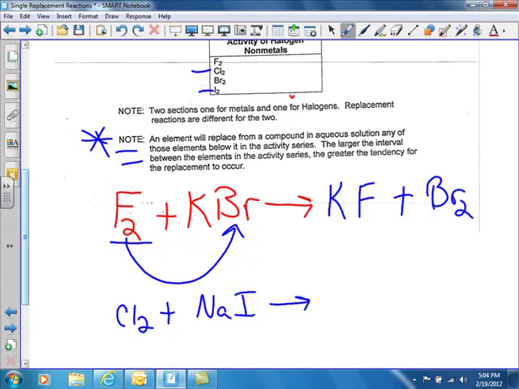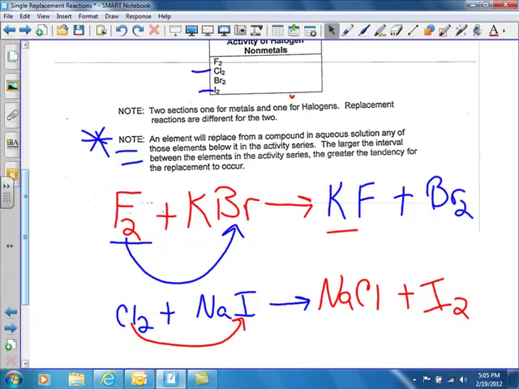What will happen is the Cl is going to go over and kick out the I. So this is going to become NaCl, and then the I forms its diatomic I2. Sorry about my little goof there with this particular equation, but this is what happens. You should now be able to go ahead and work on the single replacement worksheet.